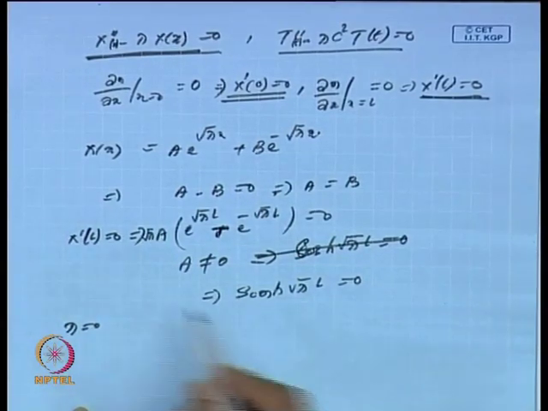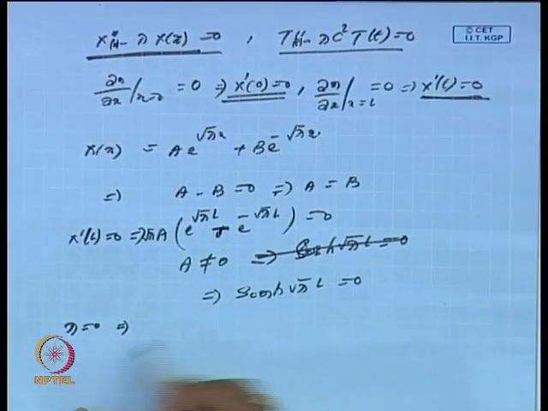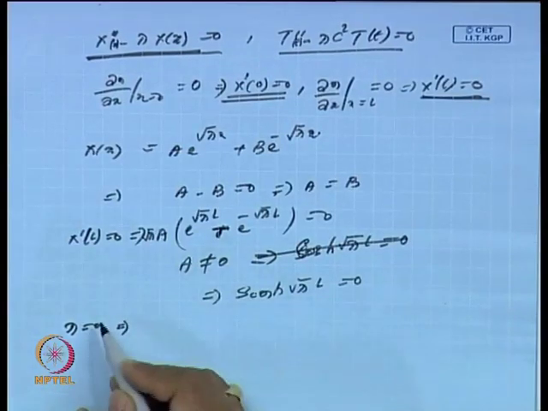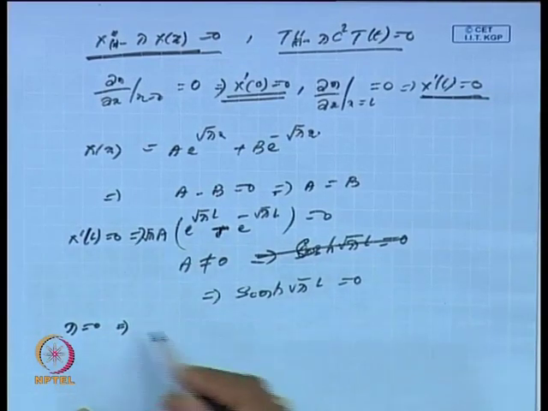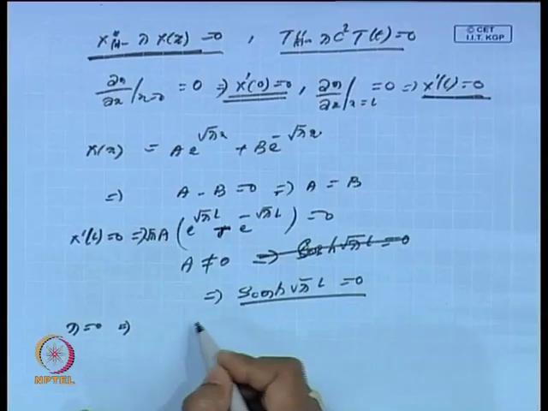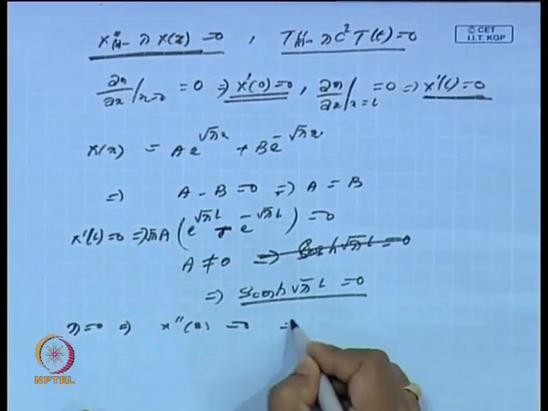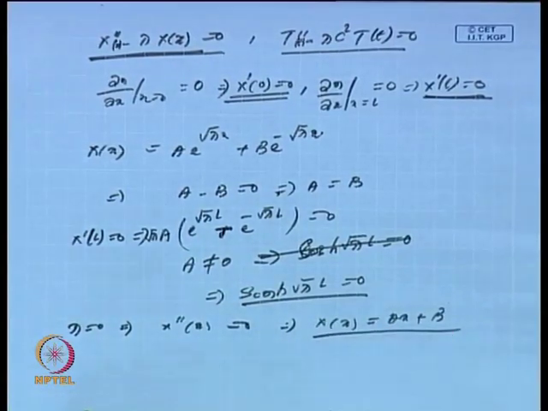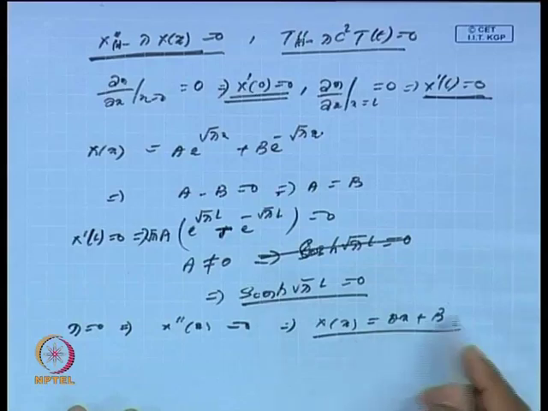So, if lambda is 0, then I will not have any solution, implies x double dash x is 0, and that gives x is a x plus b, and again that will not be any help to me because I am looking for a solution in x and t, it should behave like a wave.